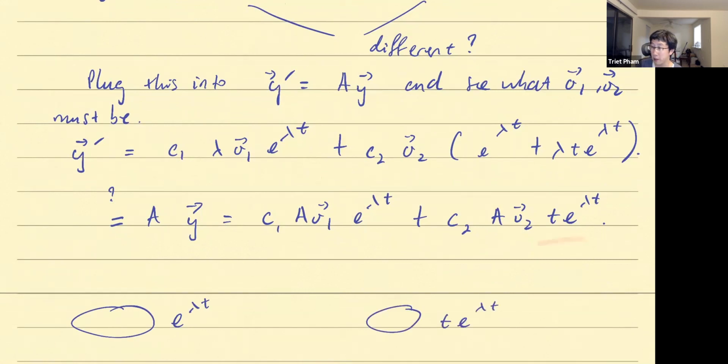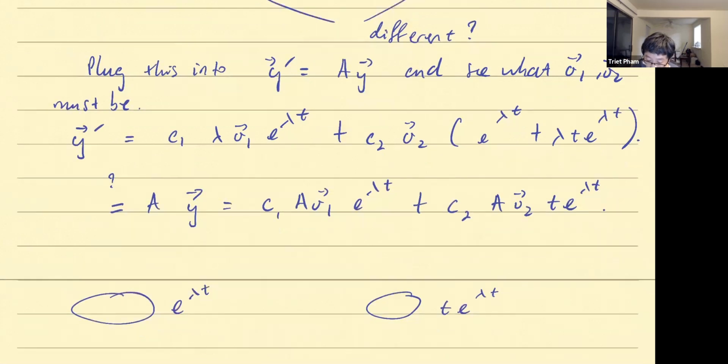This is like comparing coefficients, because they must be true for all values of t, since this is a function of t. That's why the coefficients assigned to them must be equal.